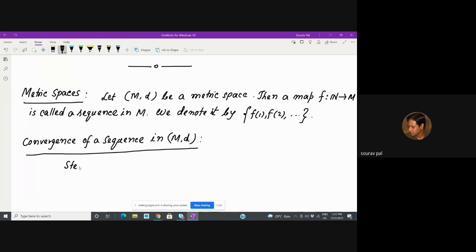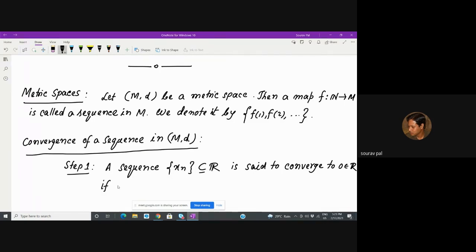Step 1: a real sequence Xn of real numbers is said to converge to 0 if, as you said, for every positive epsilon there exists a natural number such that the condition holds. So this is the definition that a sequence in the real line converges to 0.